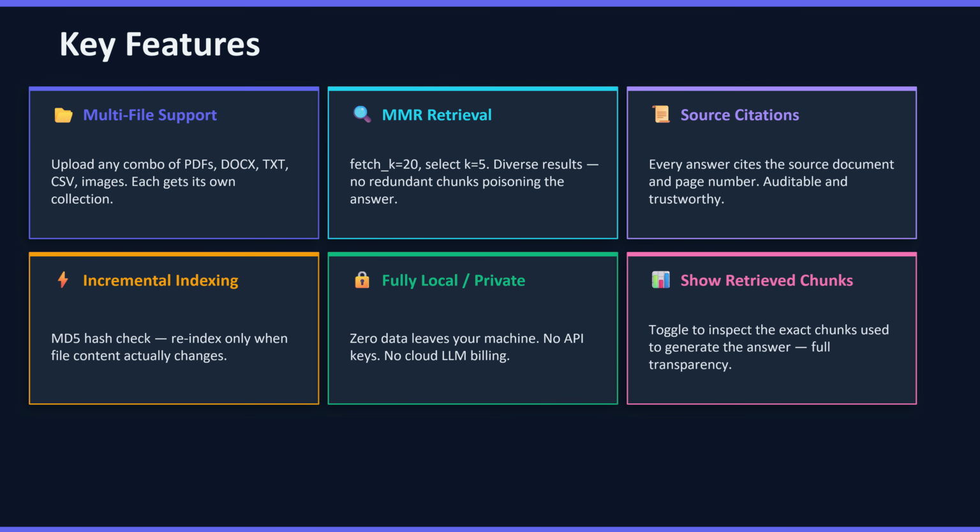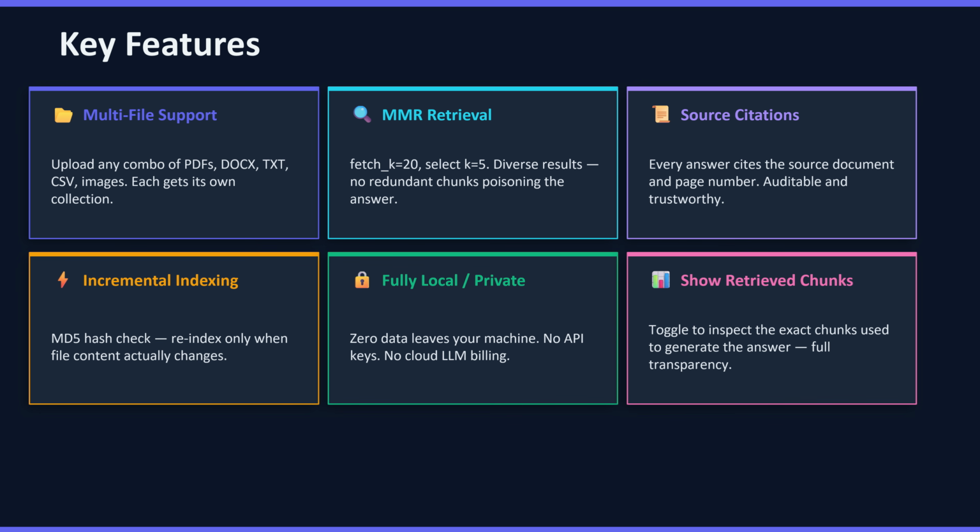Feature 3, source citation. Each answer includes the source document file name and page number. This is not optional. This is a fundamental requirement for any trustworthy RAG system. If you cannot audit where an answer came from, you cannot trust it. Feature 4, incremental indexing.